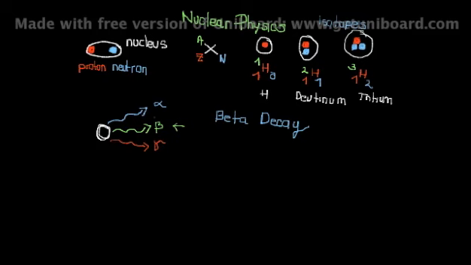There are 3 types of beta decay, usually. I will explain the basic one, the beta minus decay.